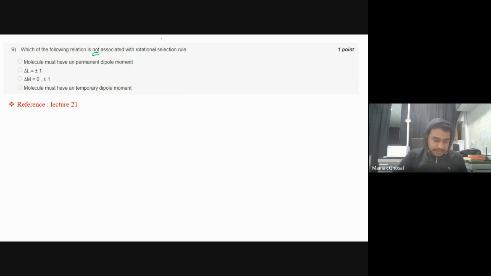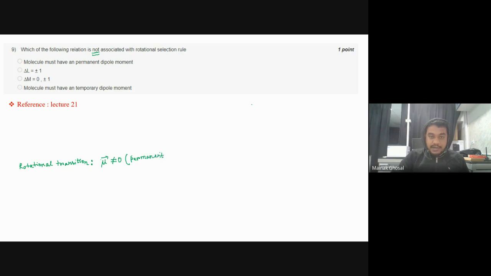So what I have said is that for a rotational transition, the criterion, as for any spectroscopic transition, is that the molecule has a non-zero dipole moment, and this dipole moment must be a permanent dipole moment.